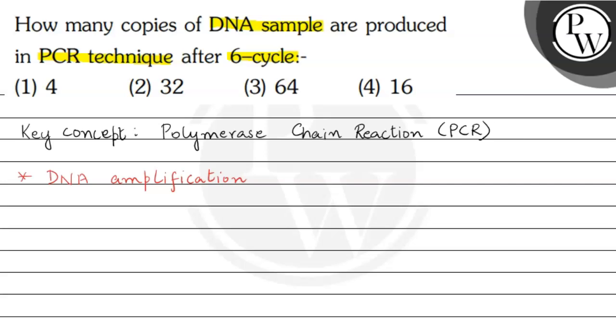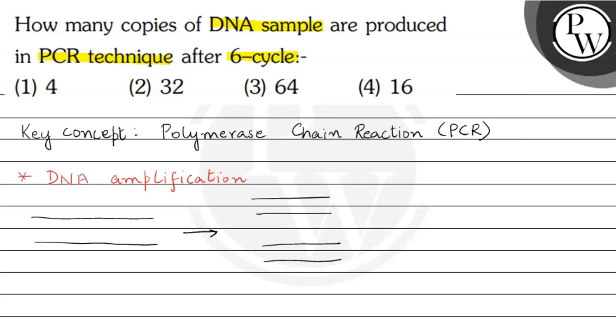So, when the DNA is copied, in the first cycle, this is one DNA sample which has two DNA strands. Then both the DNA strands will act like DNA templates, and this will result in the formation of two DNA copies of the same DNA molecule.